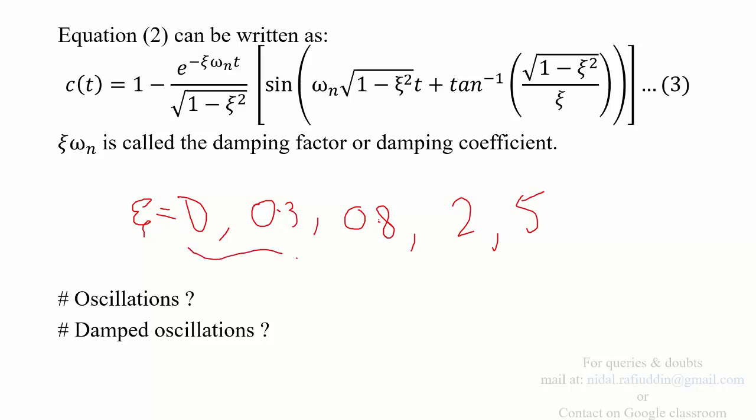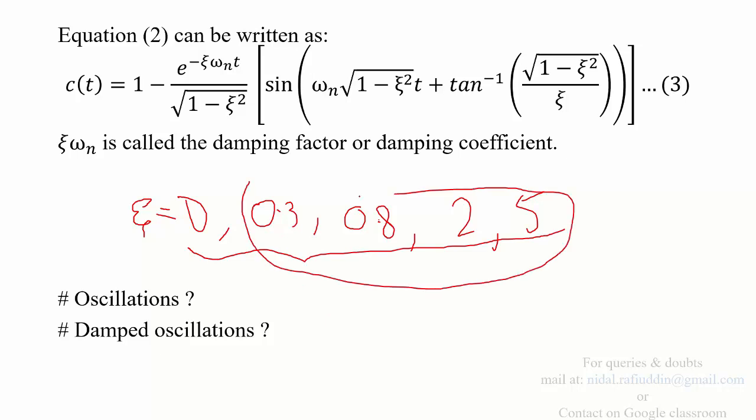In fact, these cases are referred to as stable, and the case of zeta equal to 0 is marginally stable or critically stable. I'll talk about these ranges tomorrow in detail, but just a glimpse of how the output behaves for different values of zeta.